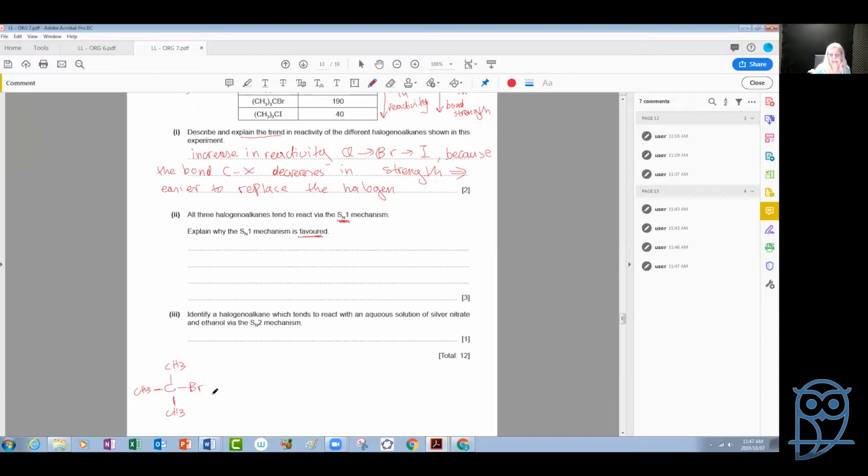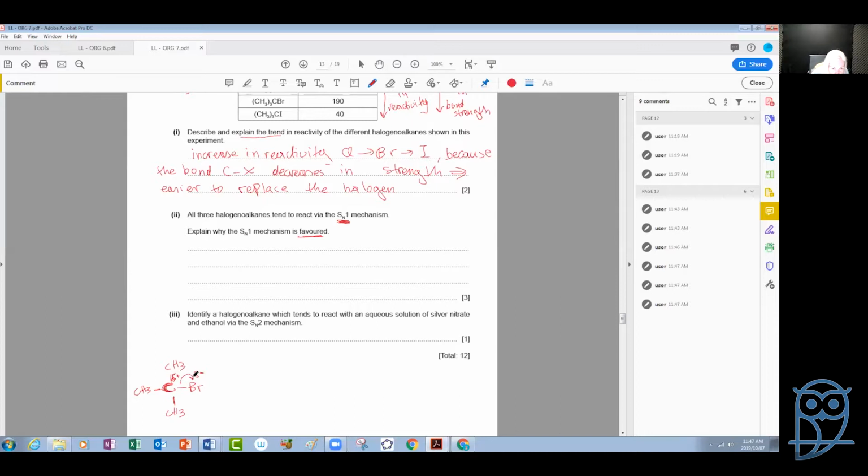What happens in this mechanism is that, be careful now, this carbon and the bromine form a dipole because the bromine is more electronegative. So the bromine has a negative partial charge, and the rest of this carbon has a partial positive charge, represented with delta symbols.